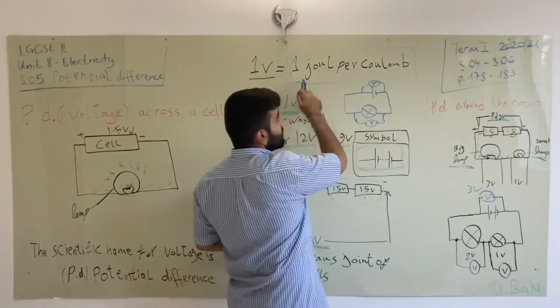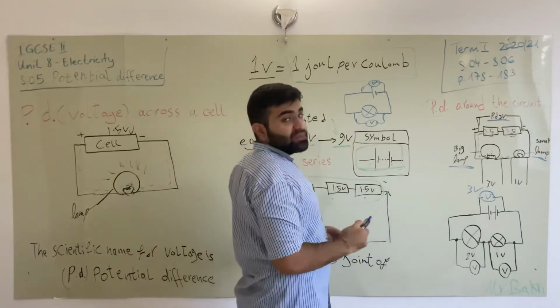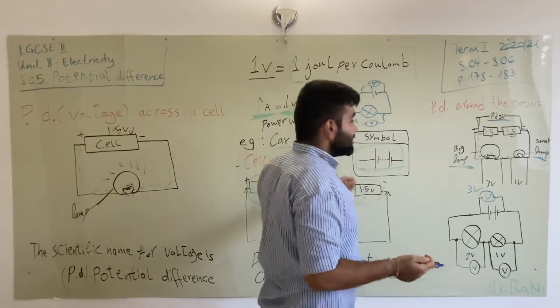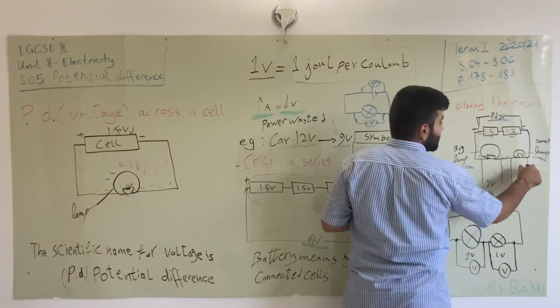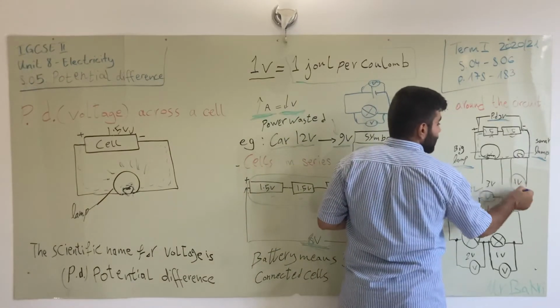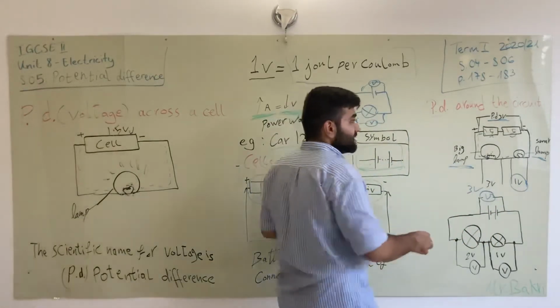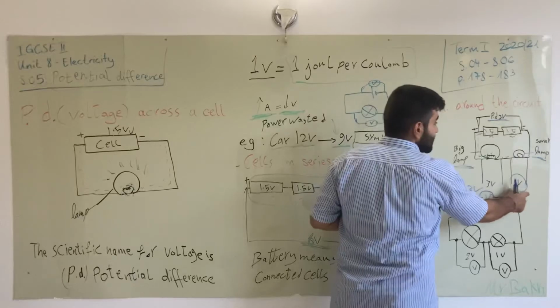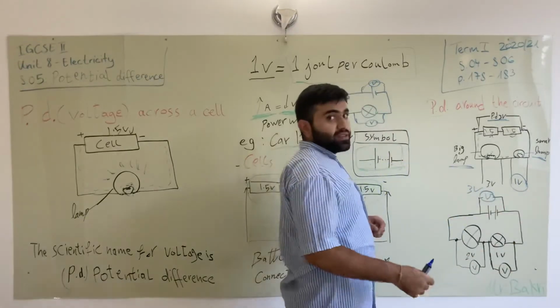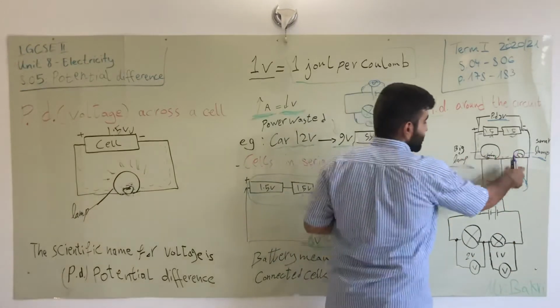Joule per coulomb. That means it takes power from the charge. That means if I bring a voltmeter here, it'll give me a reading of 1 volt. Not 3, 1. Because this is the power wasted, because there is more current.